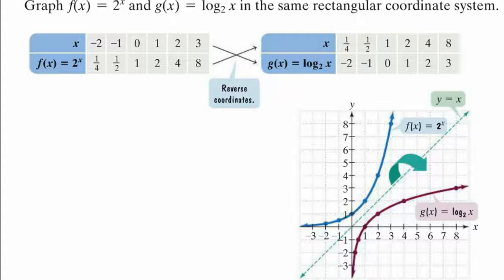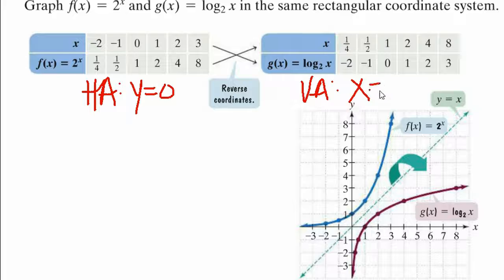So our exponential has a horizontal asymptote of y equals 0, and our inverse has a vertical asymptote represented by x equals 0. And then it does increase forever, but it increases very, very slowly.